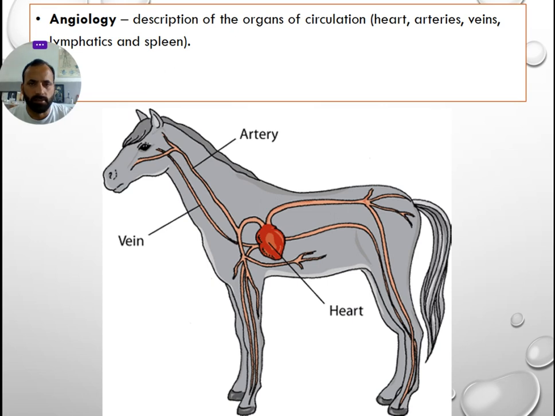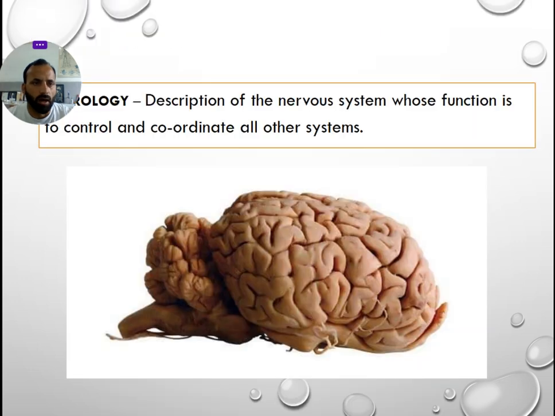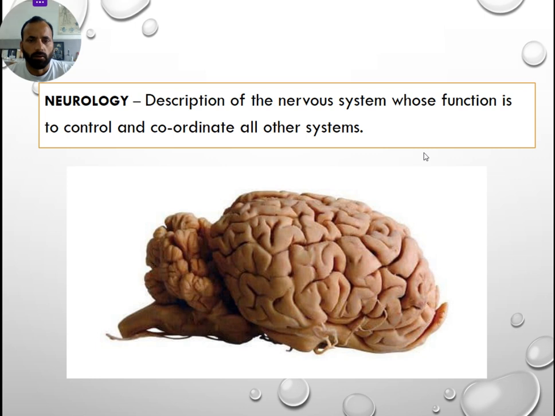Then you have angiology, the description of the organs of circulation. It is not only the heart; it is the heart and the arteries, the veins, the lymphatic vessels. Everything regarding that is known as the study of angiology. Then you have neurology, the description of nervous tissue, where you study the brain and its related structures.